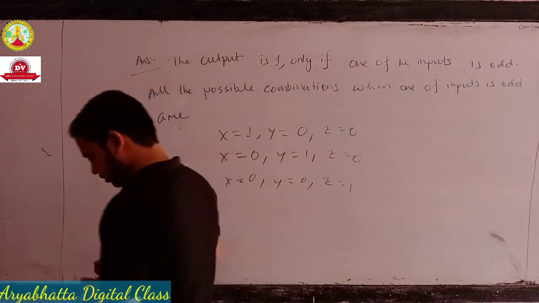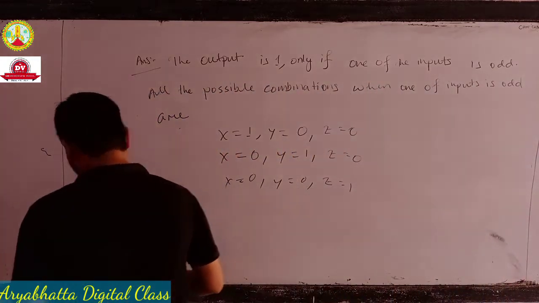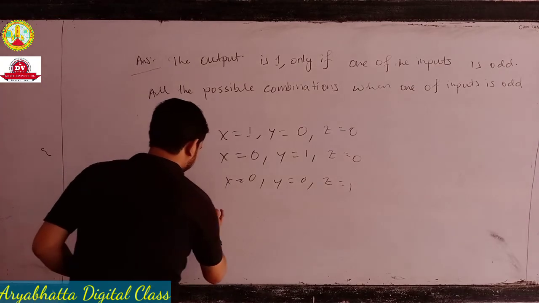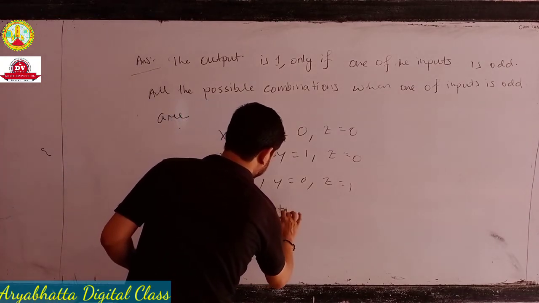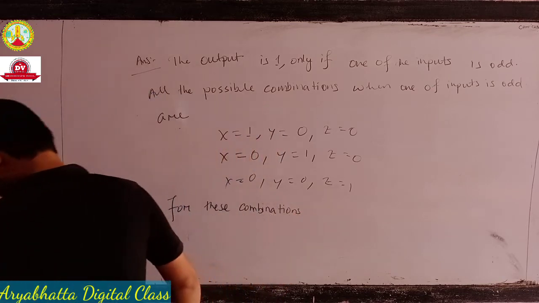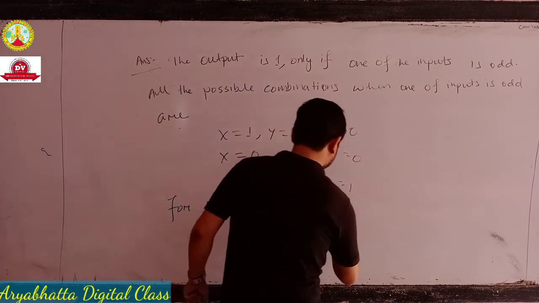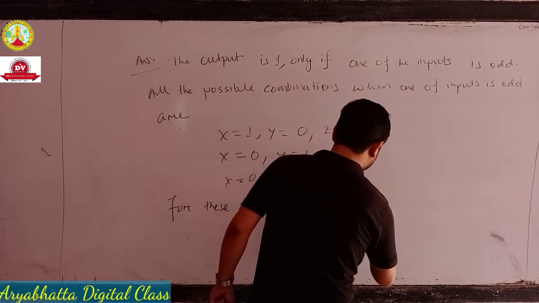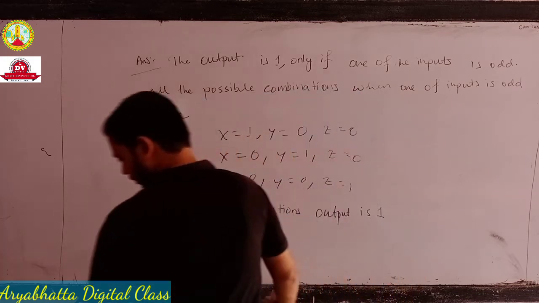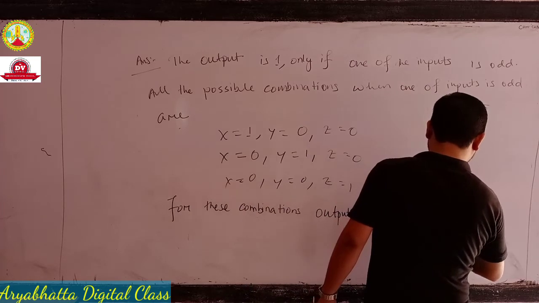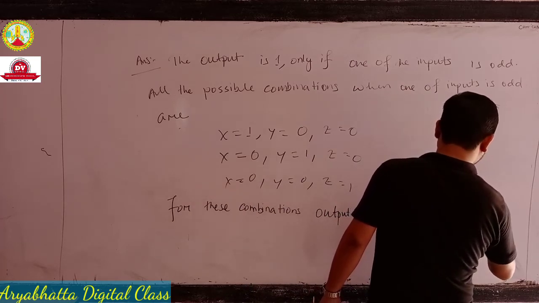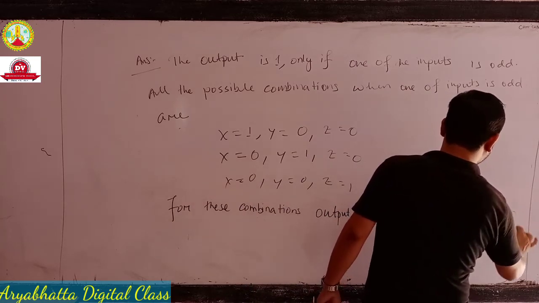Okay. Now we have to draw the diagram for these combinations. For these combinations, the output is 1. Otherwise, the output is 0.